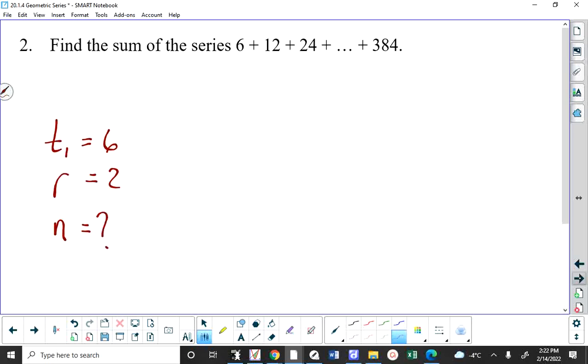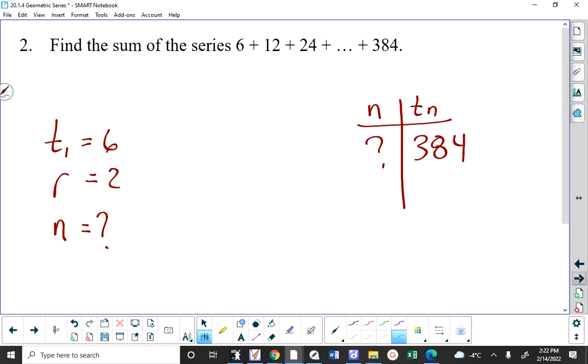But this goes back to day 1 of this unit. It goes back to a question that you had on the quiz on day 2. If you can figure out the value of n that gives 384, then you will figure out how many terms there are, because that value of n is the term number of 384, and it's the last term.